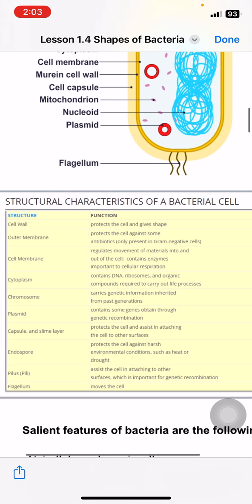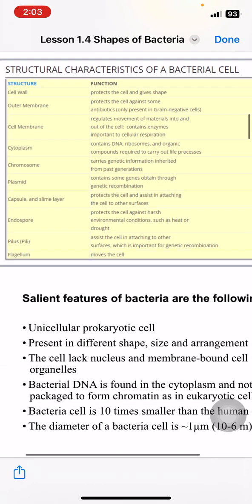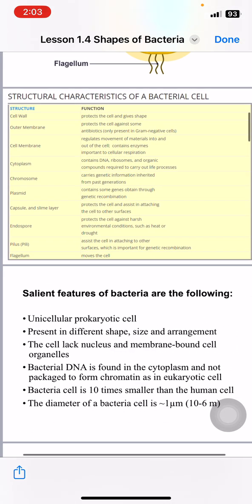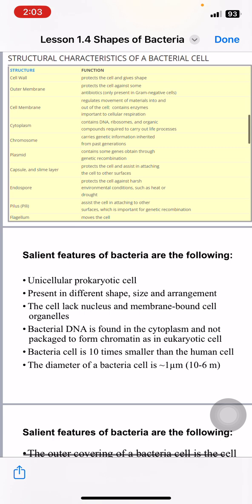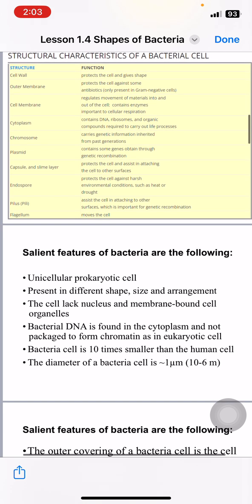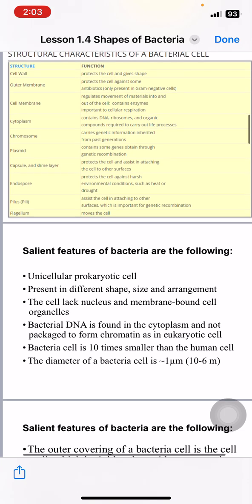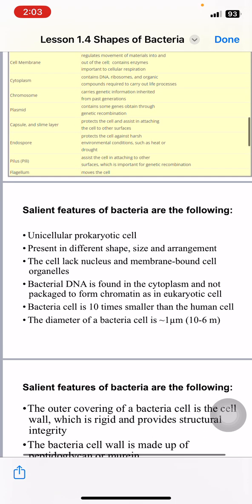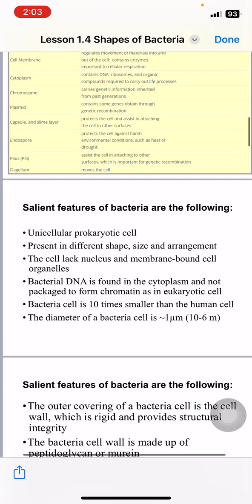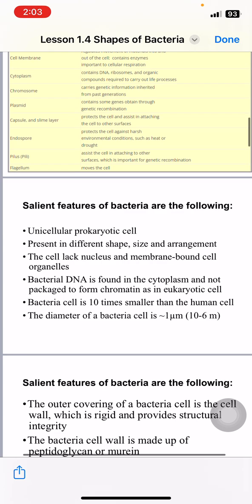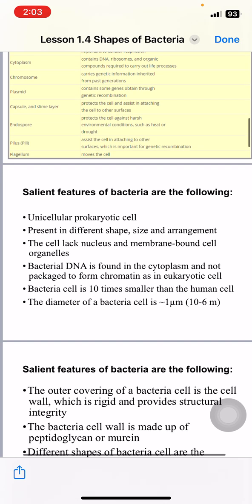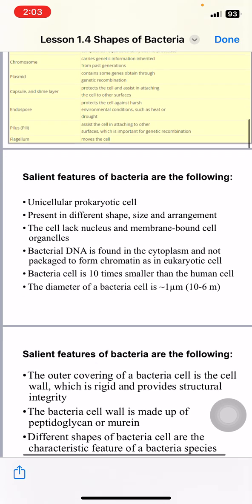Moving forward, let's discuss the important features pertaining to bacteria. Number one, it is unicellular, meaning it has only a single cell, which makes bacteria a prokaryotic cell. Bacteria can be presented in different shapes and sizes, and also in different arrangements.